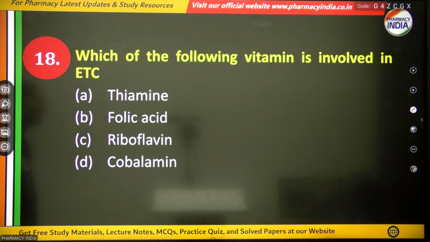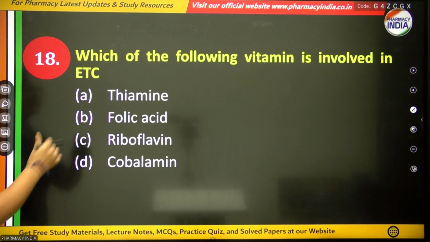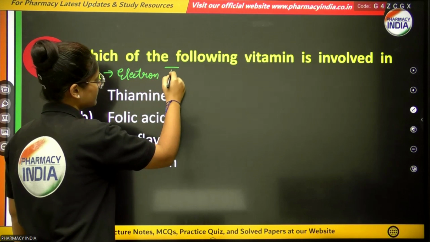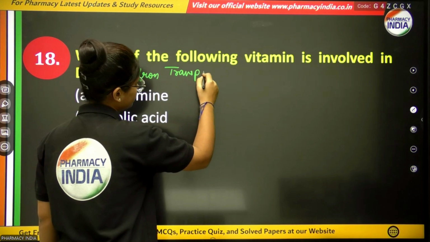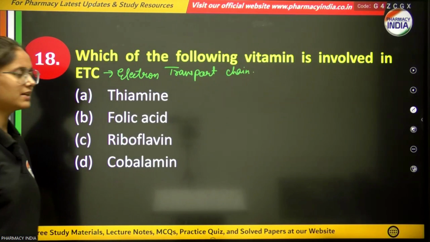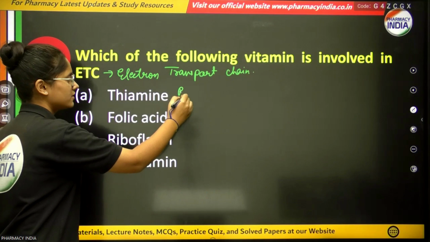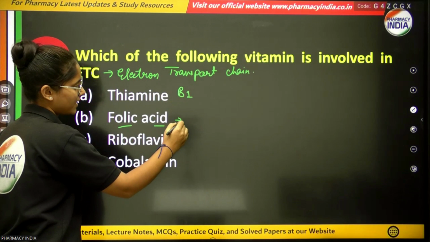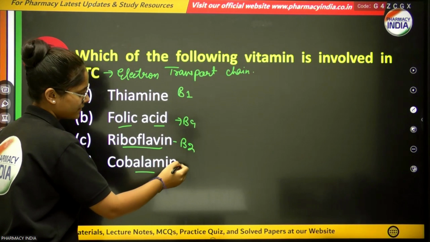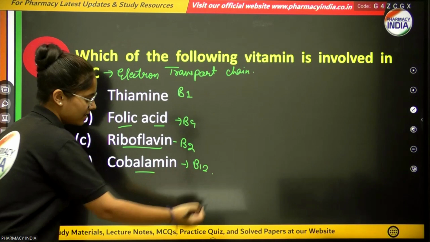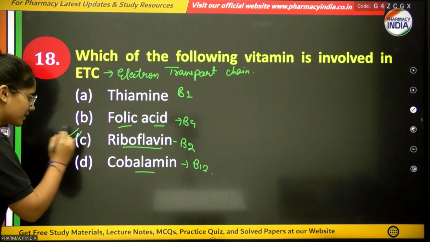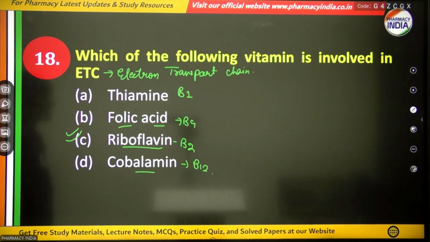Which of the following vitamins is involved in ETC, that is electron transport chain? Your options are thiamine, that is vitamin B1, folic acid, that is vitamin B9, riboflavin, that is vitamin B2, and cobalamin, that is vitamin B12. Basically, riboflavin is included in the electron transport chain.